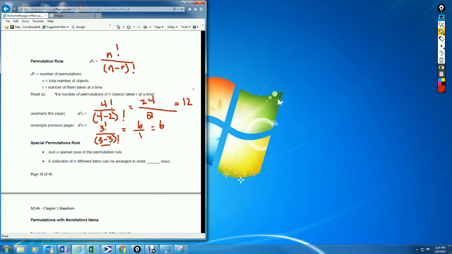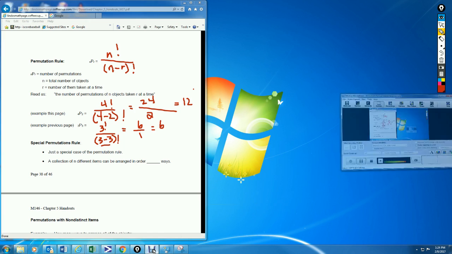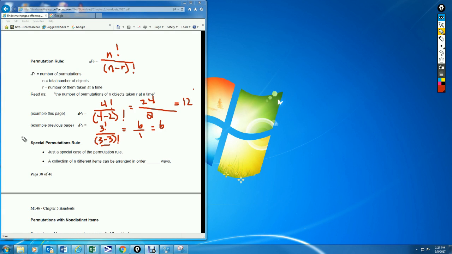And then just a comment on that last example: this is an example of the special permutations rule. This is when we have a certain number of items, n of them, and we want to arrange all of them.